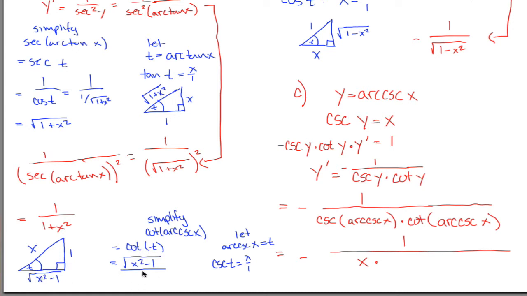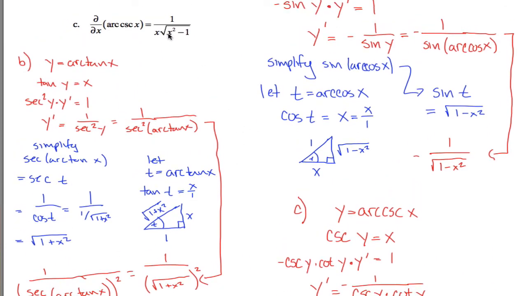Adjacent over opposite is this divided by 1, so it's just this. In other words, I've simplified the cotangent of the arc cosecant of x into just the square root of x squared minus 1. So if I go back over here, I needed the cotangent of the arc cosecant of x, and that's what I just simplified. So over here I get the square root of x squared minus 1, exactly what I was hoping to get.